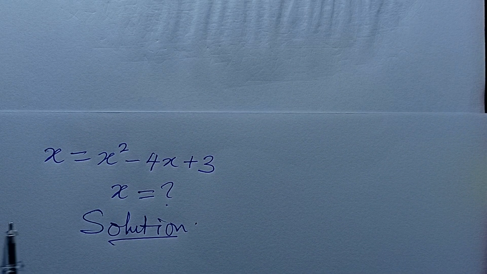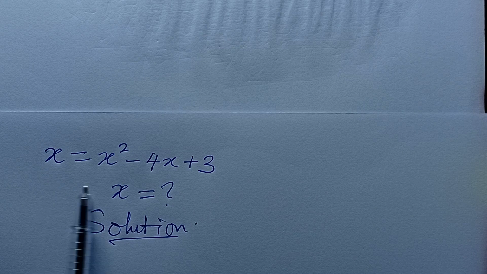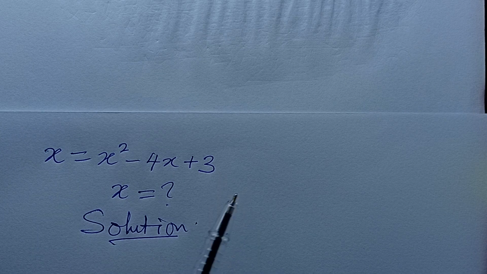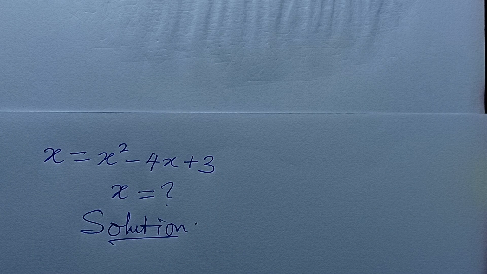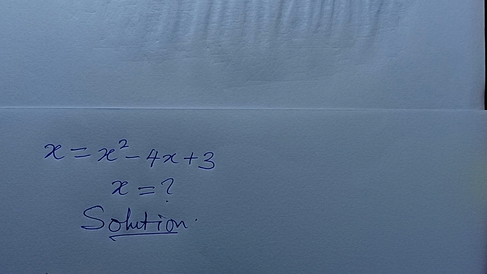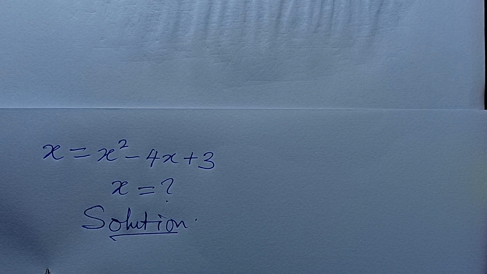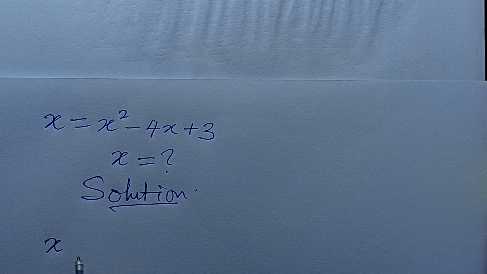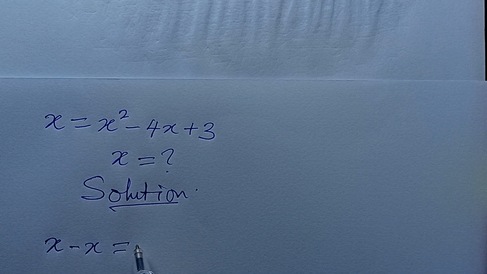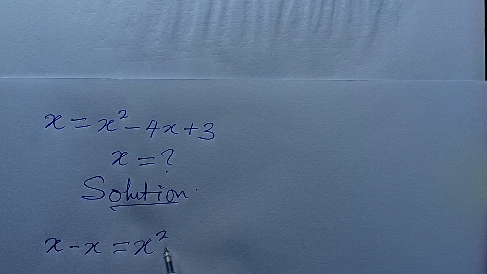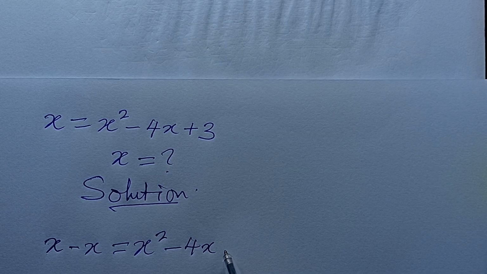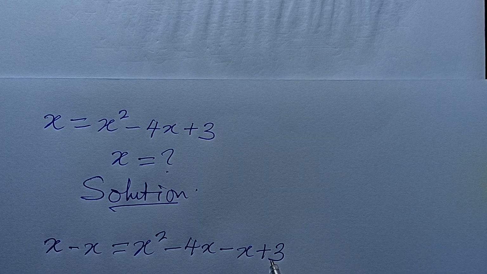And so the first thing we're going to do is to rearrange this equation, move this x to this side. In other words, subtract x from both sides of the equation. And so this is going to give us x minus our existing x is equal to our x to the power of 2 minus 4x, then minus x plus our 3.